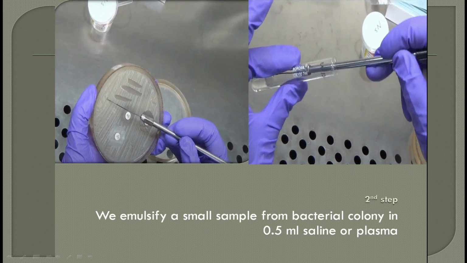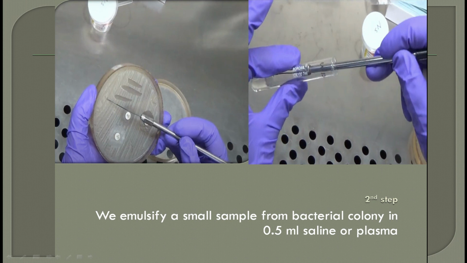Now, as you can see in these two pictures, we take a small sample from the bacterial colony. In the left picture, that petri dish that he is holding is a bacterial colony, a growth culture, and he is taking a small sample from the bacterial colony and emulsifying it in 0.5 milliliters saline solution, or 0.5 milliliters, not millimeter, plasma.